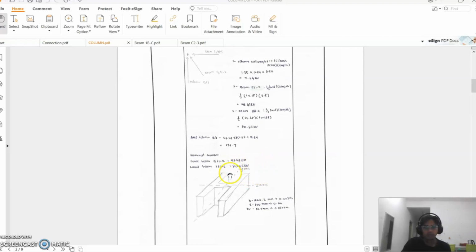For the nominal moment load, beam B12 is 41.41 and beam 1 BC is 80.65.